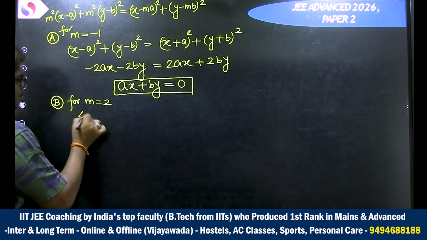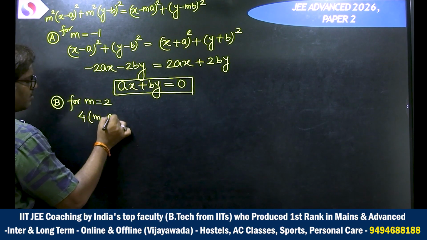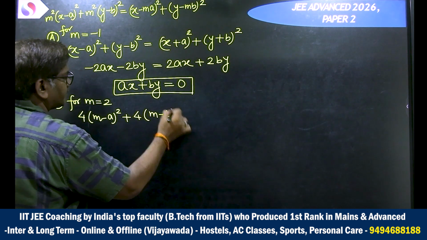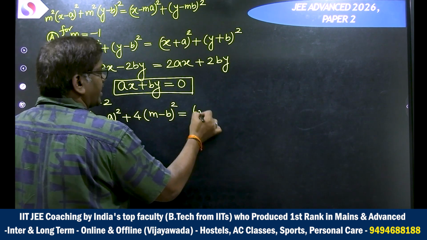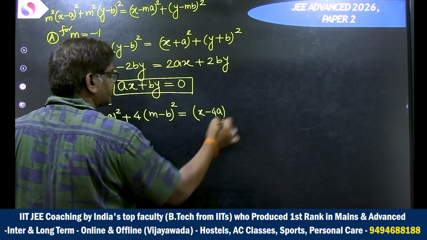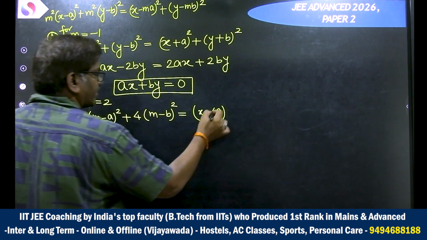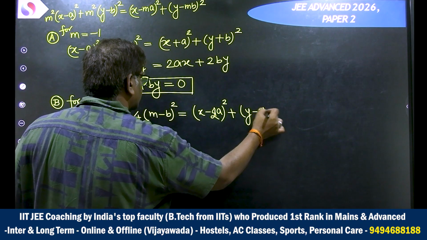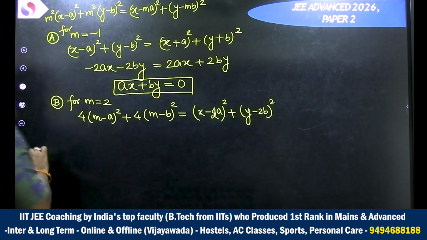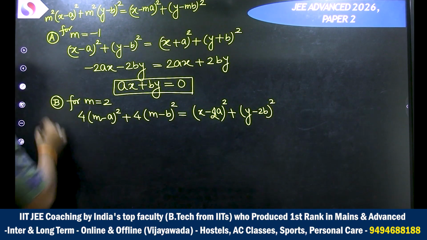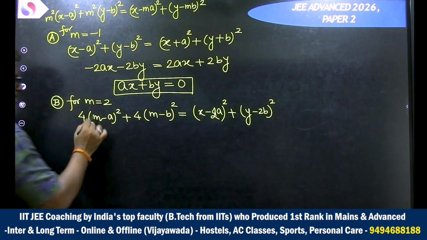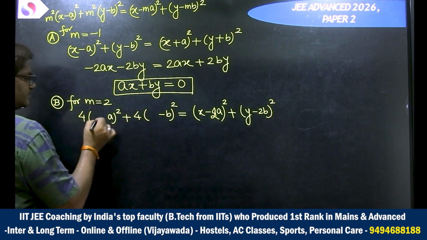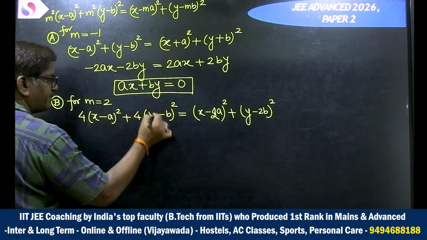So it will be 4 (x minus a) whole square plus 4 (y minus b) whole square, that is equal to (x minus 4a, not 4a, 2a) whole square plus (y minus 2b) whole square. Okay, expand.